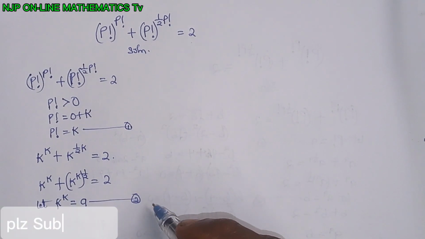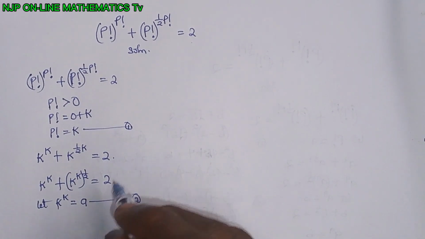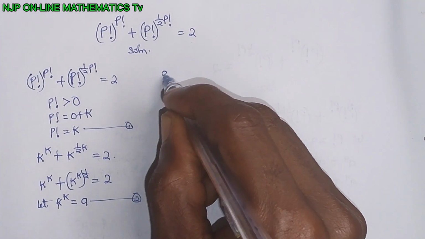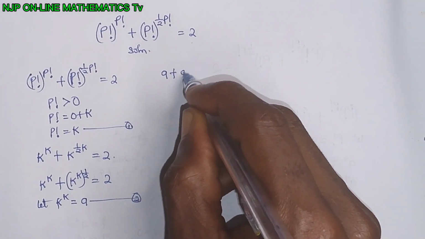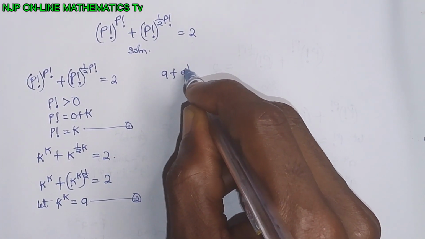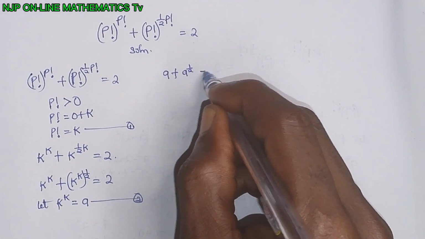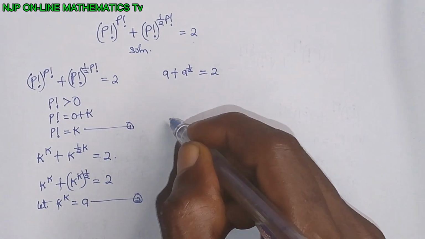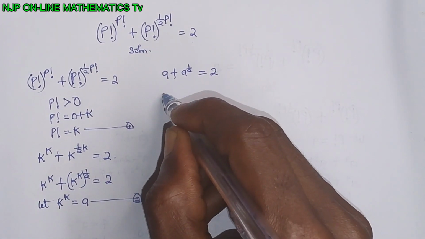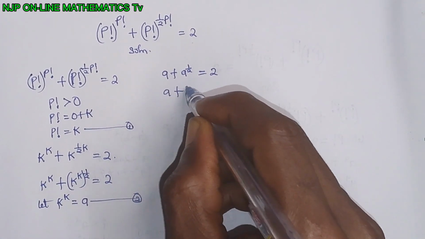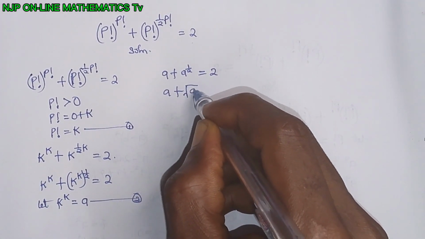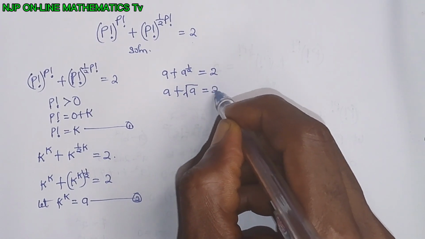So we have to substitute the variable a for k^k there, and we are having a + a^(1/2) = 2. So we can express this as a + √a = 2.